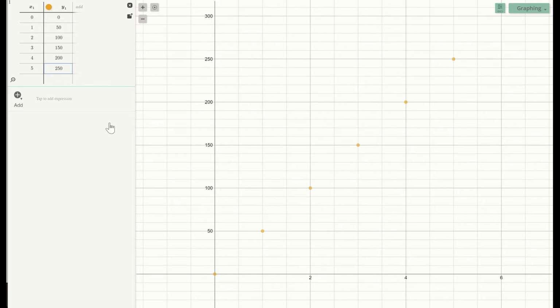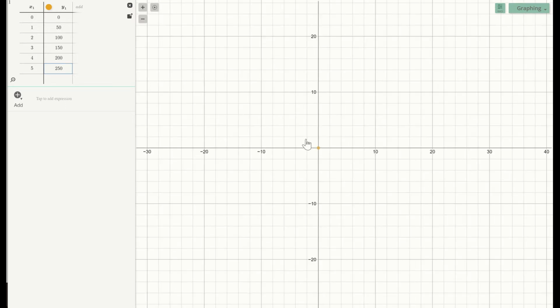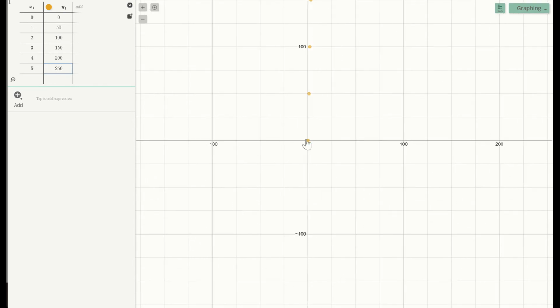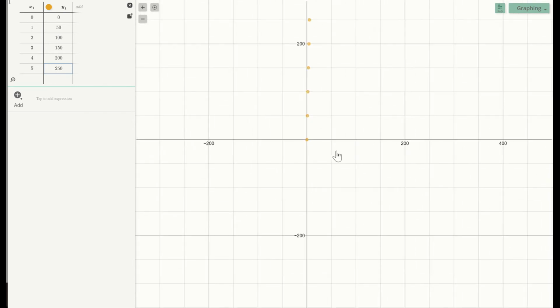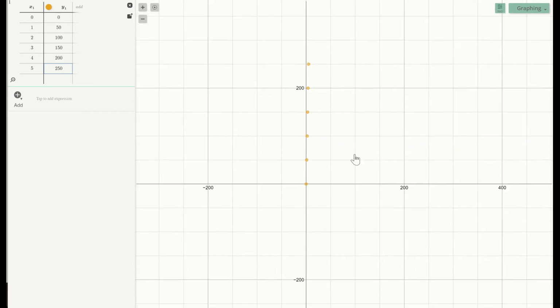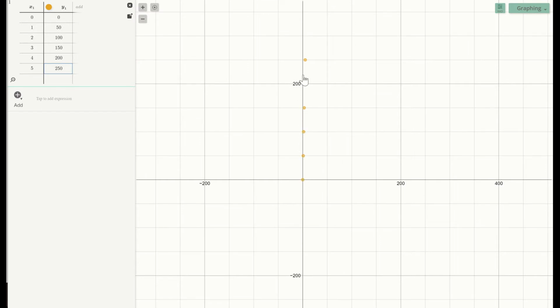In actuality, it would look like if you go to the default zoom and start to shrink it, like that. So notice we're using the same scale on both sides. They almost look like they line up in a vertical fashion, where it's not actually completely vertical.